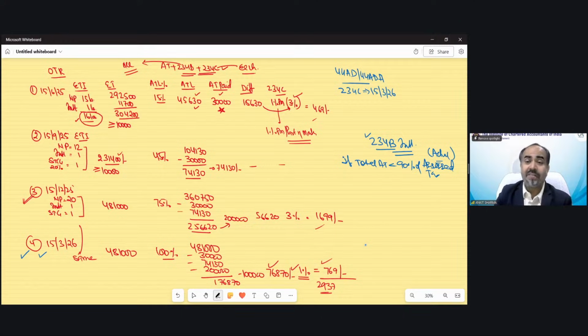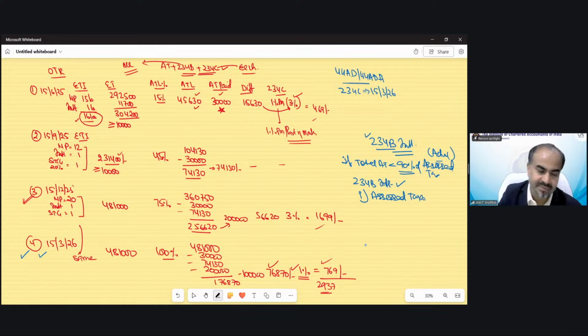So if whatever advance tax you have deposited is less than 90% of the assessed tax, then 234B interest needs to be applicable. Now, can you tell me in this example, what should I consider as an assessed tax? Who will give me the answer?